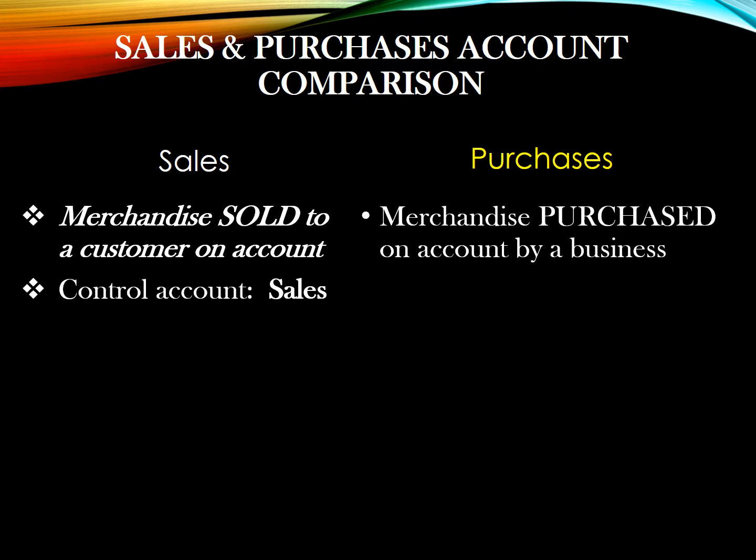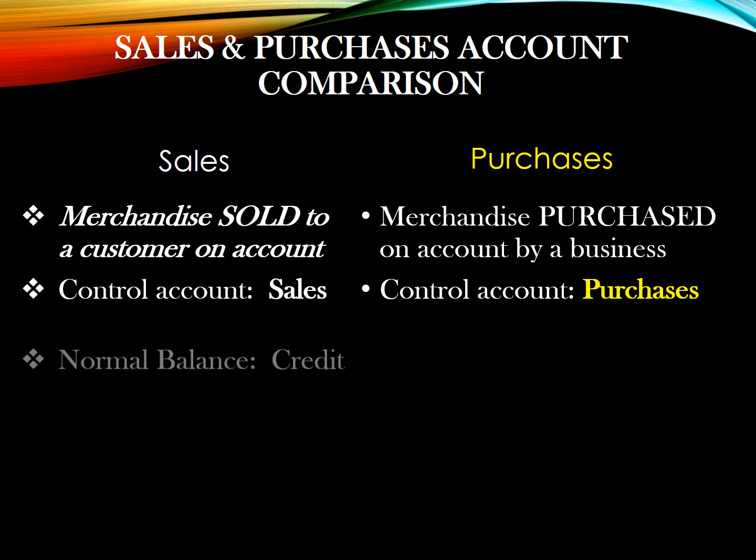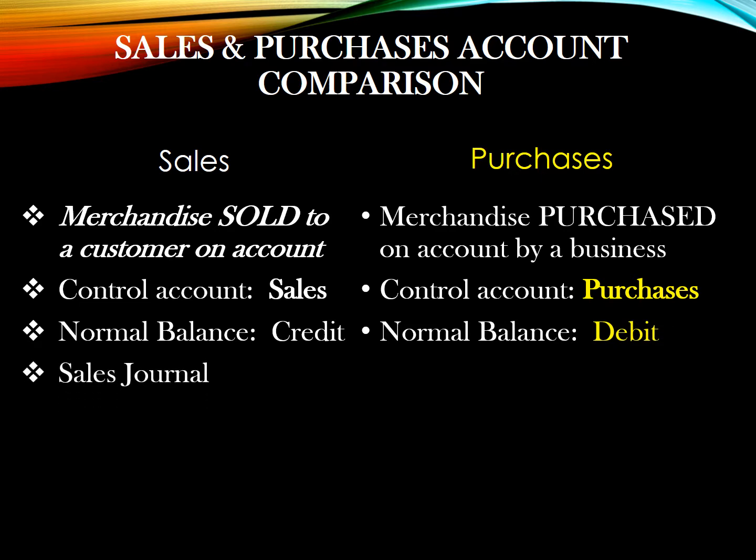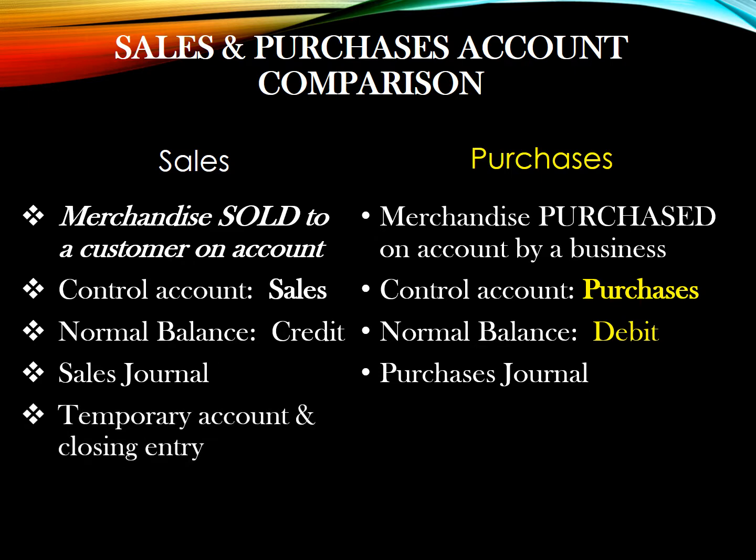Sales is a controlling account, and purchases is a controlling account as well. Sales has a credit balance, whereas purchases has a debit balance. We record sales in the sales journal. We record merchandise purchased in the purchases journal. Both of these accounts are temporary accounts and will be closed out at the end of the fiscal period.